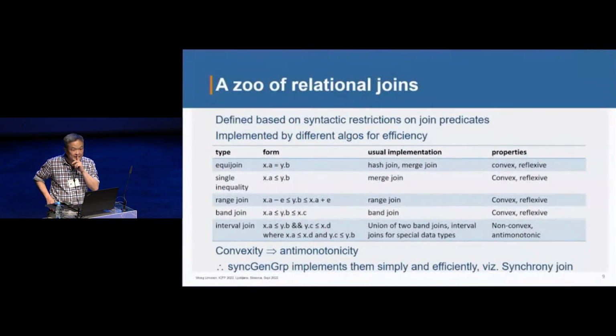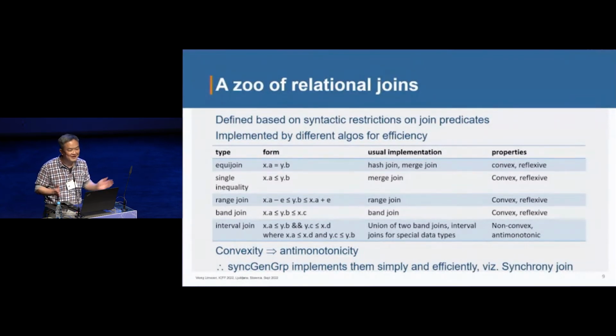But what is very interesting here is that these joins actually satisfy the conditions there. So for example, equijoin is convex and reflexive, and the others are all convex and reflexive. Interval join is not convex, but it's anti-monotonic. And I already told you earlier, anti-monotonicity corresponds to right-sided convexity.